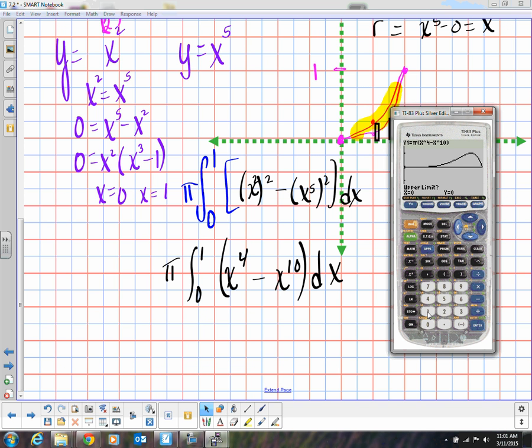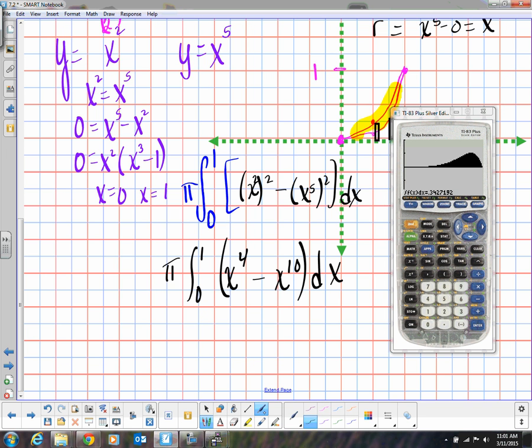Upper limit, and we're going to type in 1 and hit enter. And what is it? So this is equal to 0.342. Am I right?